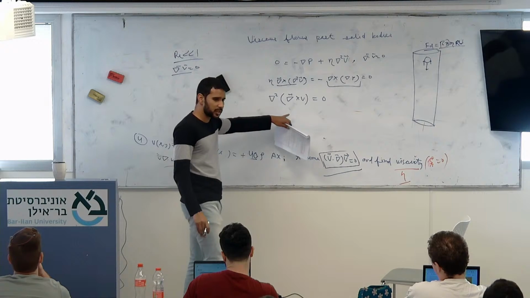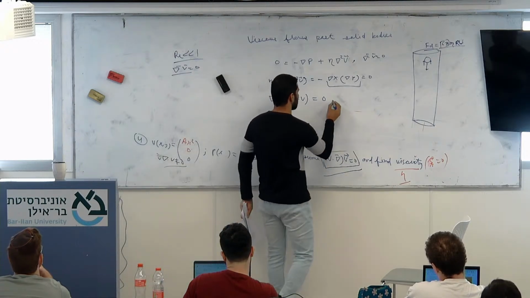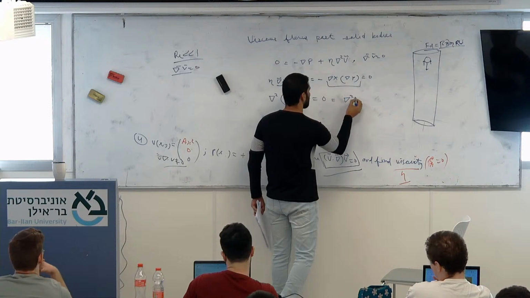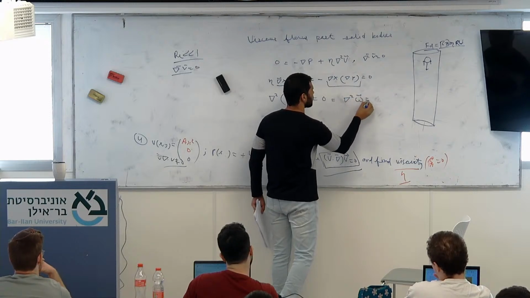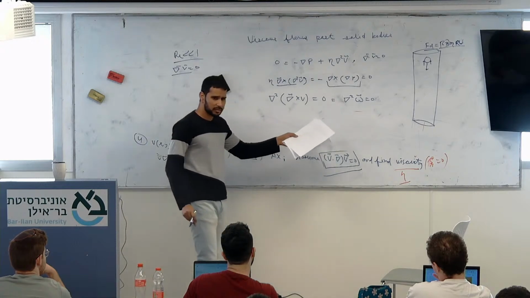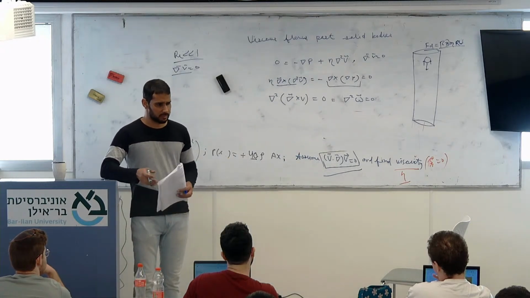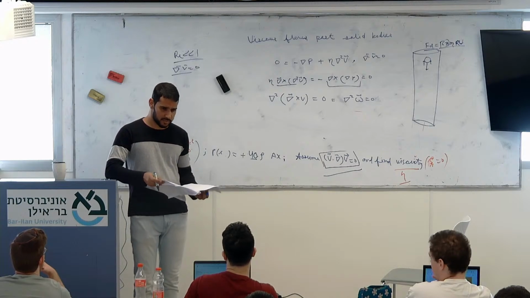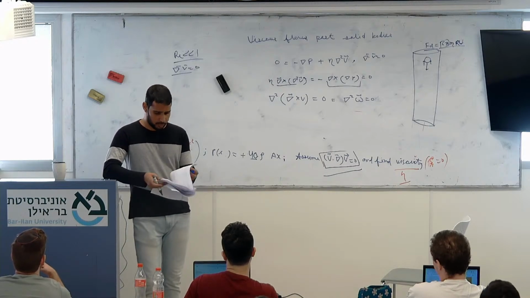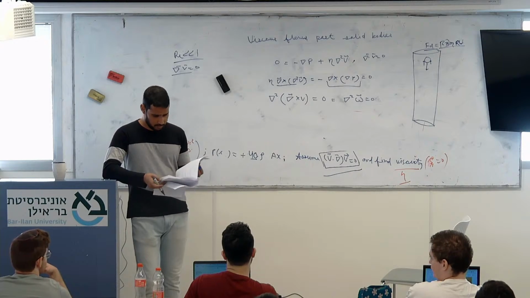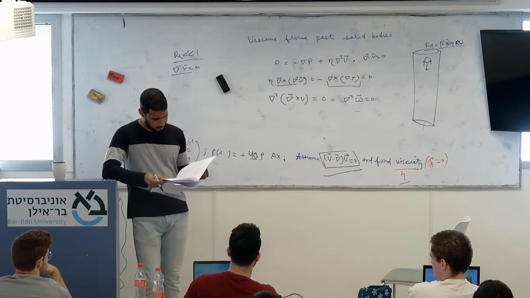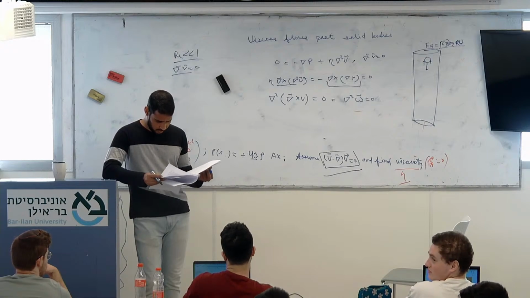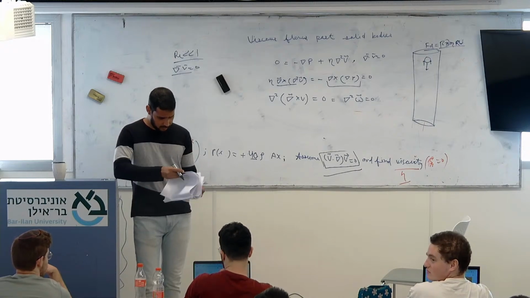Del cross V is vorticity. Let's call this omega. I don't know, did we call it omega? Gamma was circulation. Omega, what did you call vorticity? Maybe omega. We didn't give it any symbol.